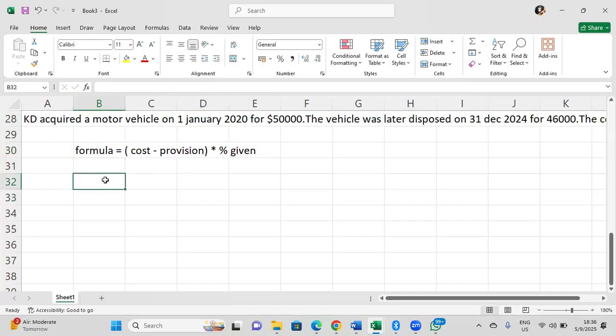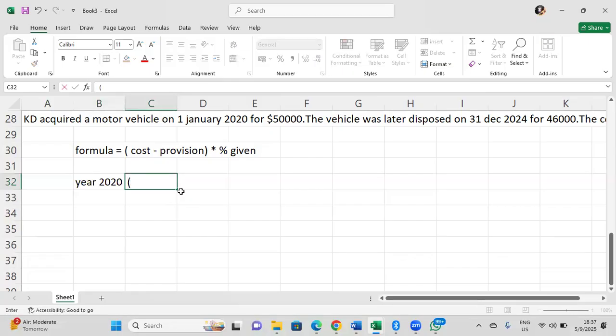We bought this asset in the year 2020. That's the first year. We want to calculate depreciation not just for one year, but from the day we bought it: for 2020, 2021, 2022, and up to 2024. So we are going to calculate depreciation for each year. Please pay attention to how we do it.